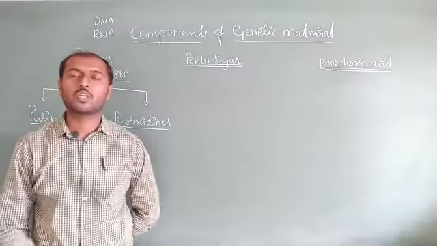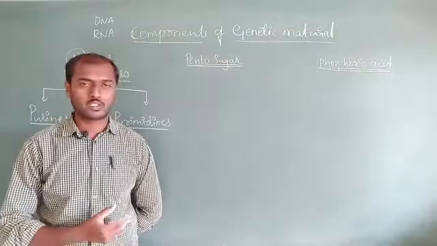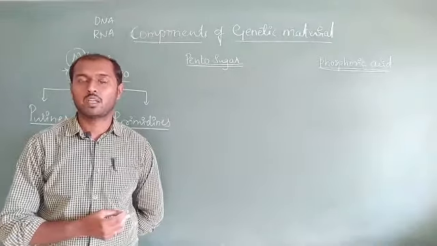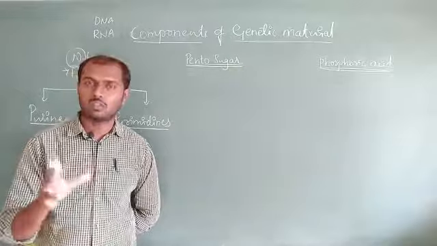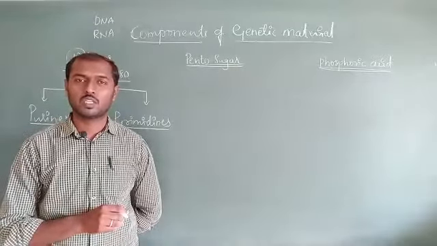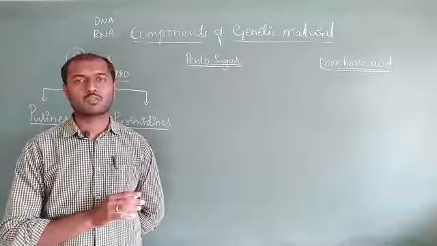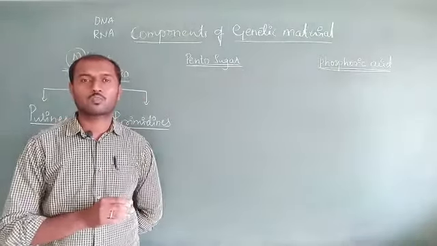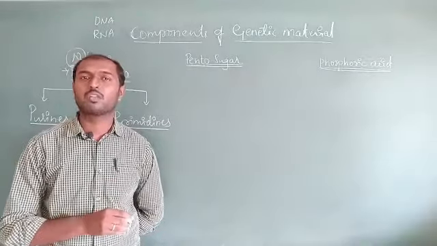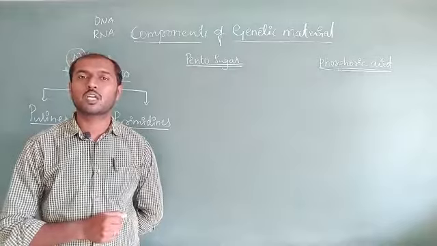If nitrogen is present in some form, we call it a nitrogen base. The number of nitrogen atoms in their rings is more, which is why they are called nitrogen bases. These molecules have ring structures, and the main ring is made up of nitrogen. Carbon is also there, but the rings are made up of nitrogen as well. That is what is called a nitrogen base.